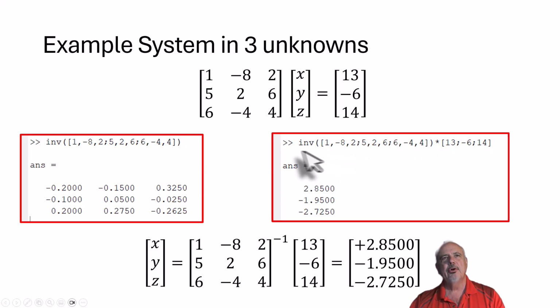So I've got the inverse, and then I can multiply it with the matrix using the star or asterisk. And then I've got 13, minus 6 and 14 as a column vector, and that gives me the answer. So that's how you would do it in MATLAB.